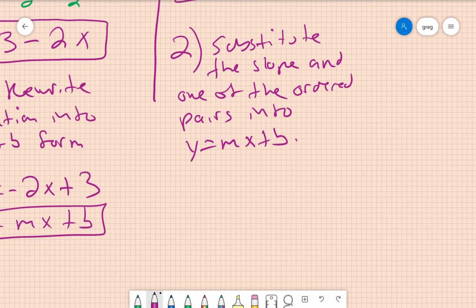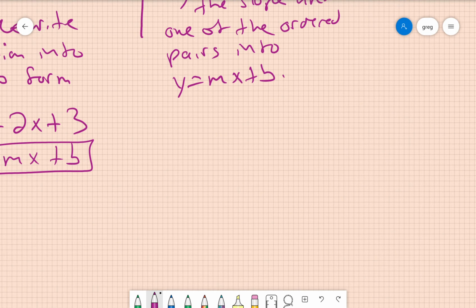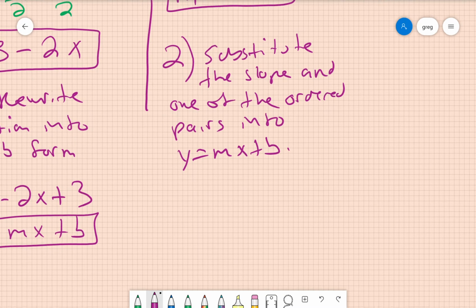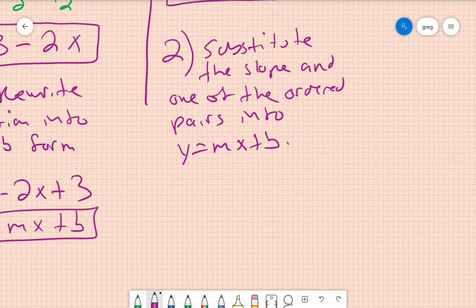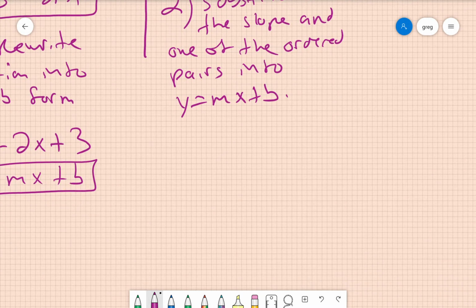So now if I do that, I should have changed colors, but I didn't. Daphne, talk to me. If I know now that I have to take my slope and one of my ordered pairs and plug them into y equals mx plus b, what will it look like once I substituted them in? What will I have?